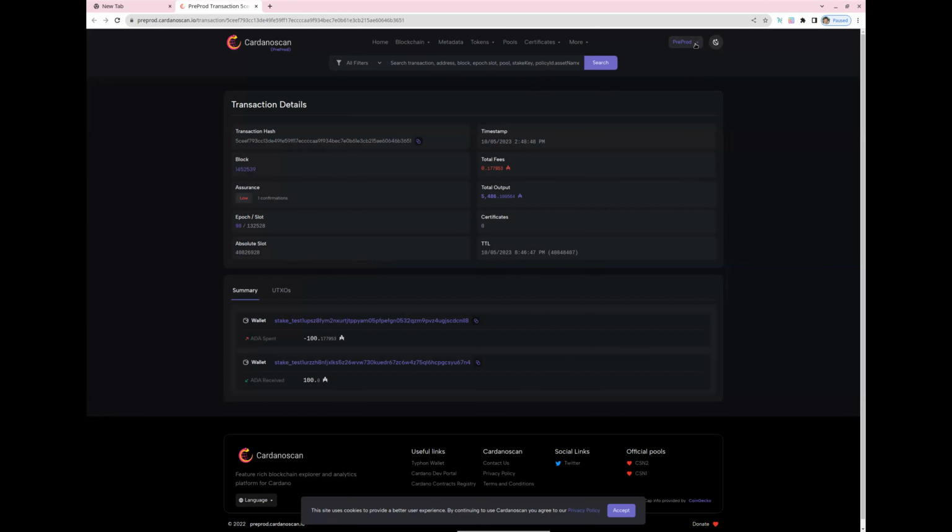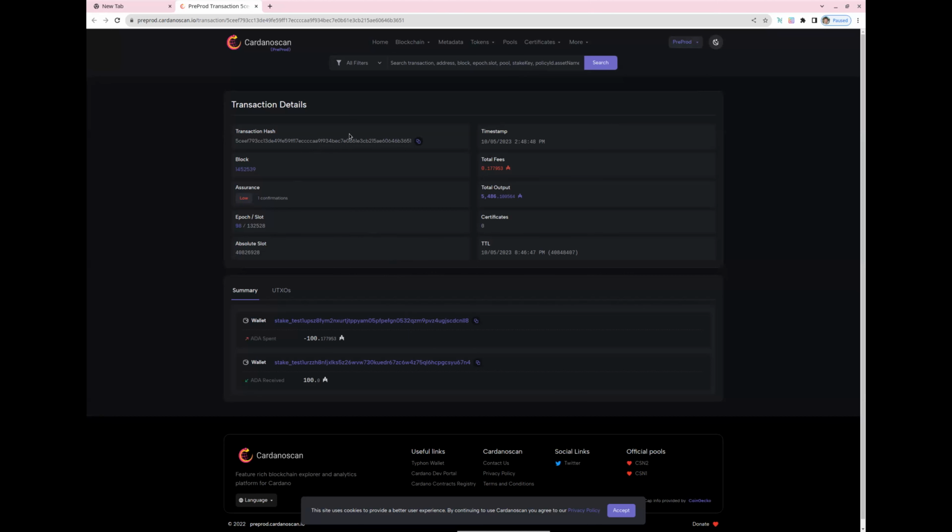But just wanted to say, Cardano Scan is one of the blockchain explorers that people have written for Cardano to check what's going on. And here we see we are now on the pre-prod testnet. Cardano Scan supports the mainnet and this pre-prod testnet. And so here we can now look at details of the transaction.